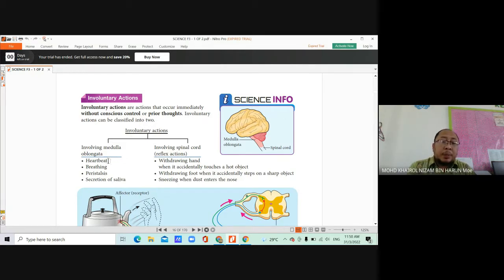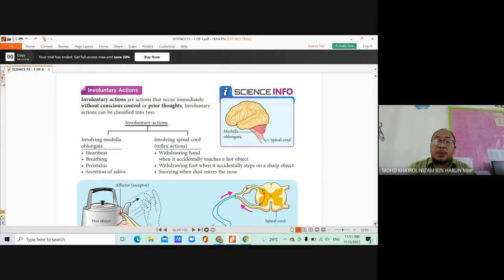Breathing process, we cannot control the process of inhale and exhale, and also peristalsis, secretion of saliva. This is among the processes in our body that we cannot control. It occurs involuntarily. We cannot coordinate this process. It has been programmed to function, so it will not involve the brain.